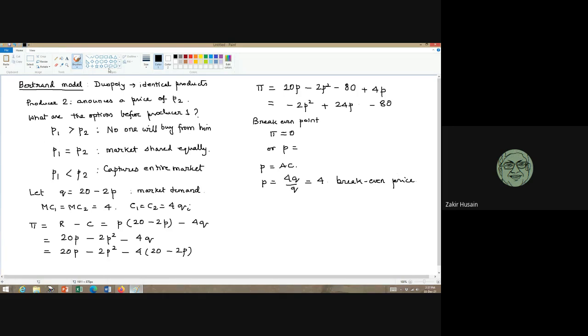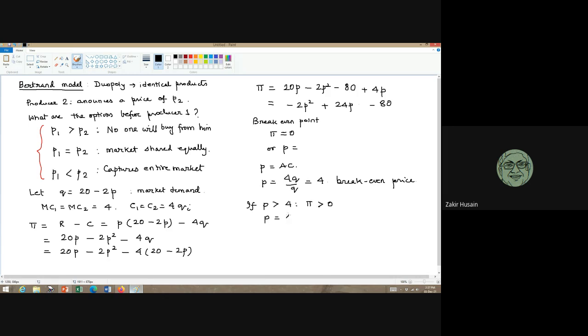Okay, so we got this. Now we are adding the constraint. If price is greater than 4, profits will be positive.